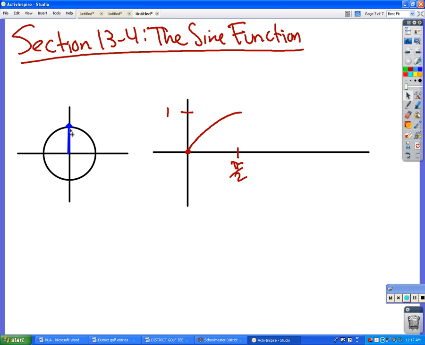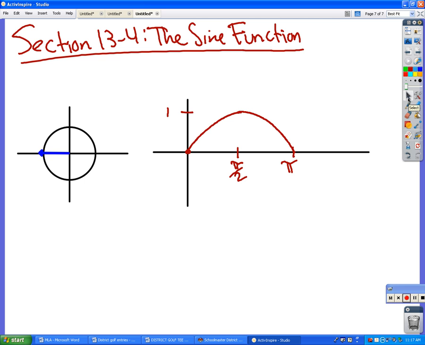Then if I continue to go around this circle, what happens to the y values now? It goes down until it gets back to 0 at what angle measure? Pi, good. So this continues to go back down in a nice smooth way until it's 0 again at the radian measure of pi.